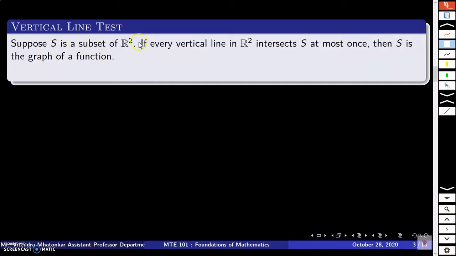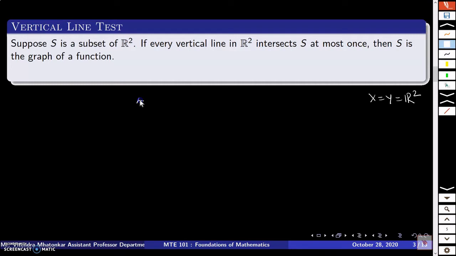Supposing S is a subset of R2, where x and y are in R. If I give you any subset S of R2, and every vertical line in R2 intersects this subset S at most once, then the subset S will represent the graph of some function.